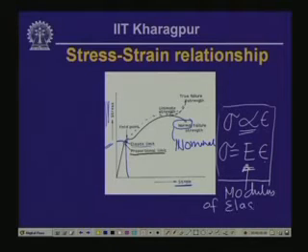It is called the modulus of elasticity, and this is constant for the particular material which we are considering for evaluating the stress and the strain, and this is known as Hooke's law. Within the elastic limit, the stress is proportional to the strain, or sigma is equal to E times epsilon.